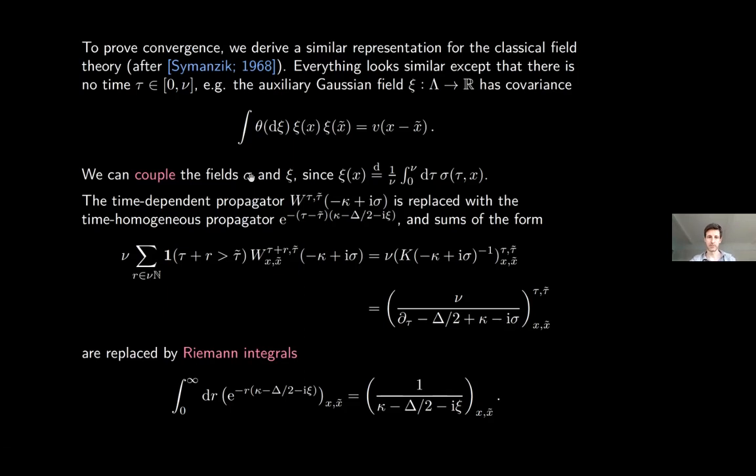Sigma, which I had, was an auxiliary field on space-time, and psi is my spatial field for the field theory, and you can couple them as follows. This is a simple distributional identity, and in fact I can choose my field psi that I use for the Euclidean field theory as given by the following expression.